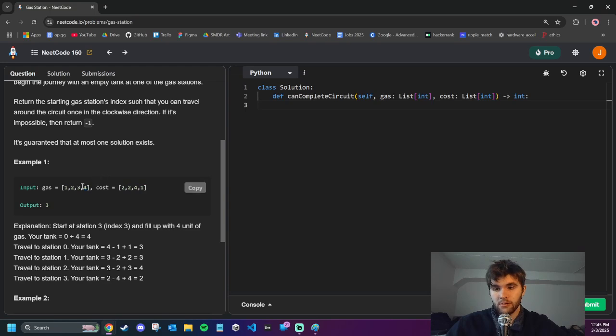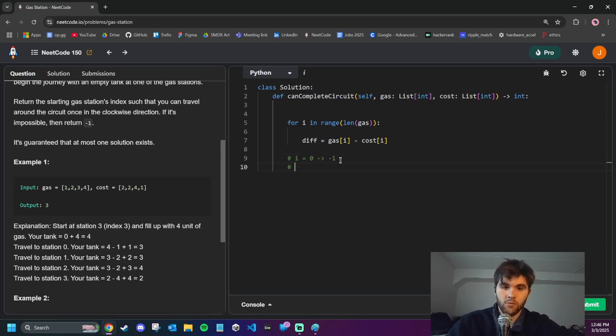Because here, if we just did a linear scan on where to start. So here, for instance, if we said for i in range, I'm just kind of gonna sketch this out. I don't intend for this to be part of the solution. So if we say for range of gas, and let's say we had diff, and we called that gas of i minus cost of i. So I'm noticing for i equals 0, in the first test case, it will be -1, which means we definitely cannot start here.